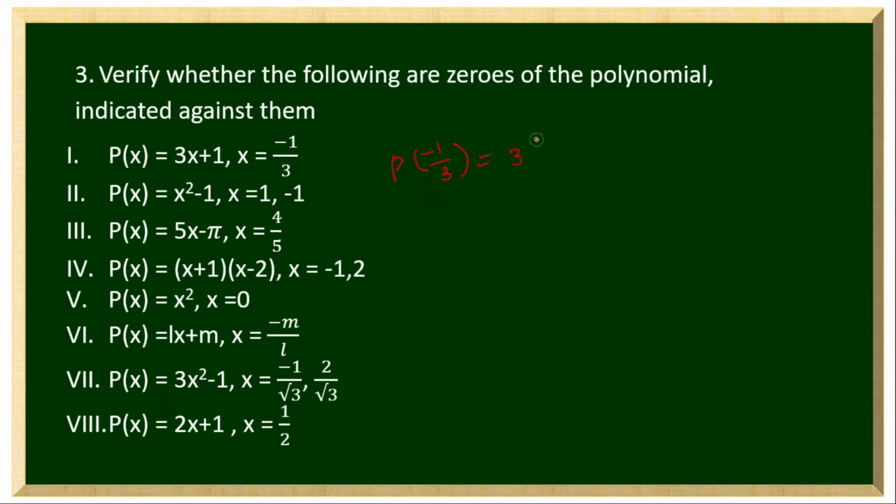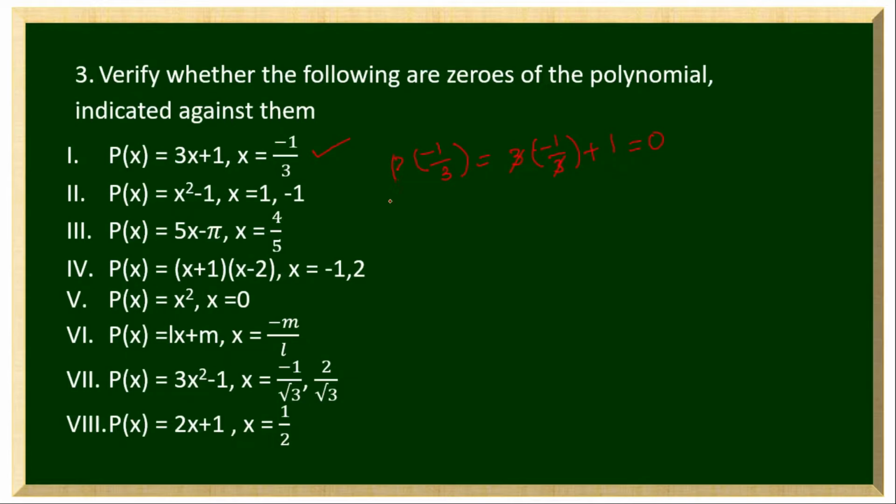So what will it become? 3 into minus 1 by 3 plus 1. 3 will get cancelled. Minus 1 plus 1 will become 0. So for x equal to minus 1 by 3, the polynomial is becoming 0. So we can say x equal to minus 1 by 3 is a zero of the given polynomial.